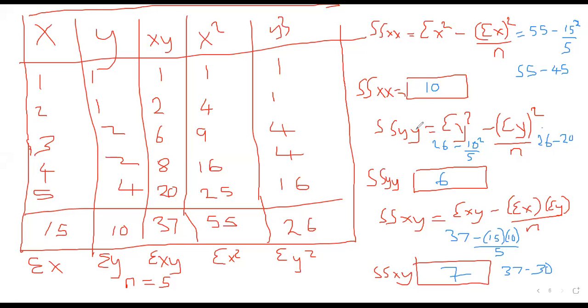So if you've done your calculations right, these are the answers you should get. Sxx is 10, Syy is 6, and Sxy is 7. So these are just preliminary calculations.